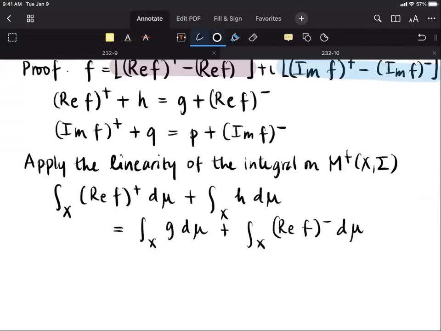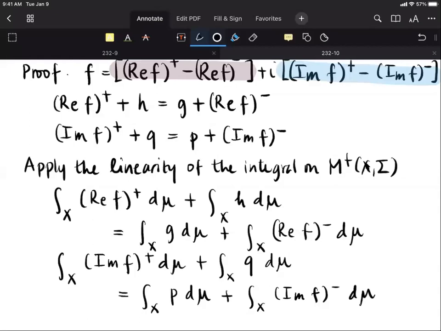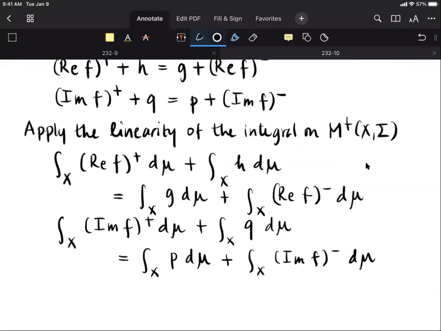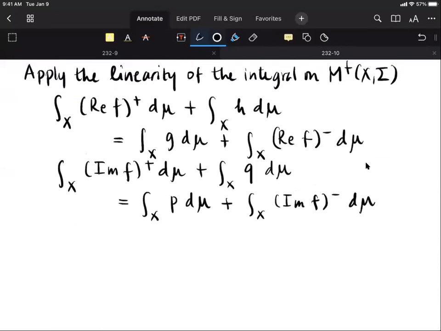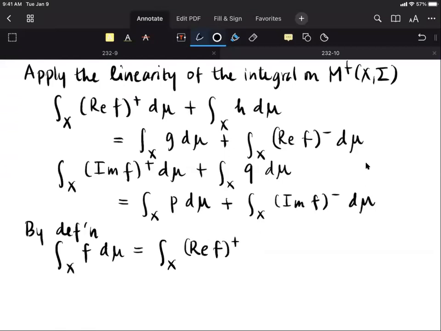This will be for the real parts, and this will be for the imaginary parts. Okay, so by definition, we know that the integral of f is the sum of the Lebesgue integrals for the real and imaginary parts. And you can split, of course, the positive and negative parts for the real and imaginary parts as well. And you end up with the following equation.